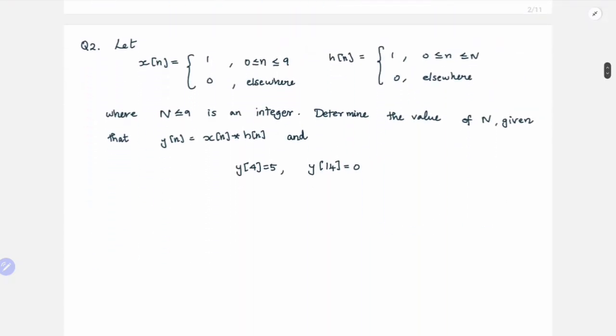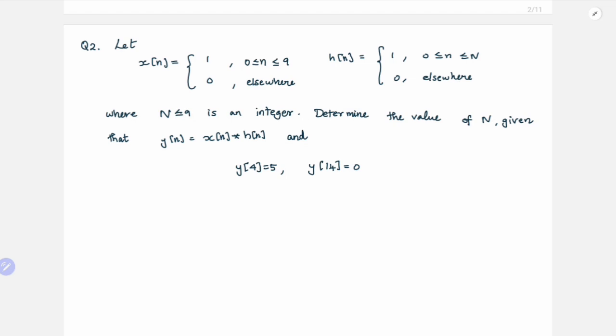Okay. So second question. Let x of n equal 1 for n from 0 to 9 and 0 elsewhere, and h of n equal 1 for 0 less than or equal to n less than or equal to N and 0 elsewhere, where N is less than or equal to 9 and is an integer.